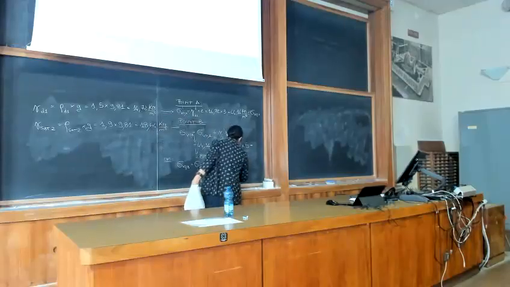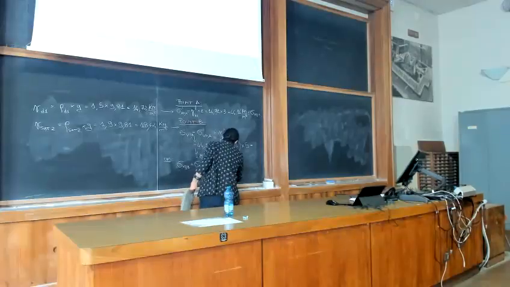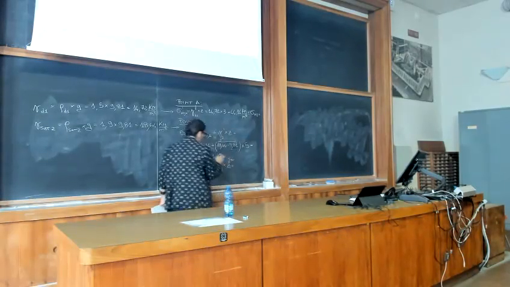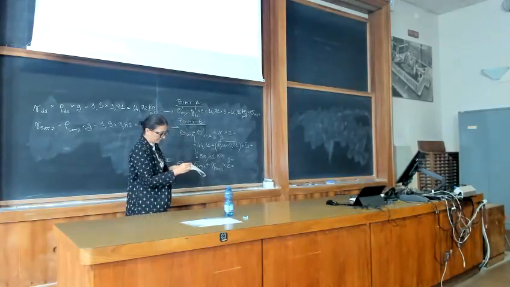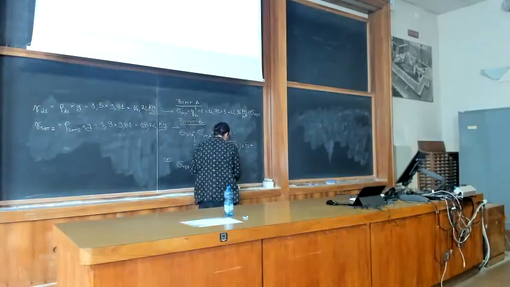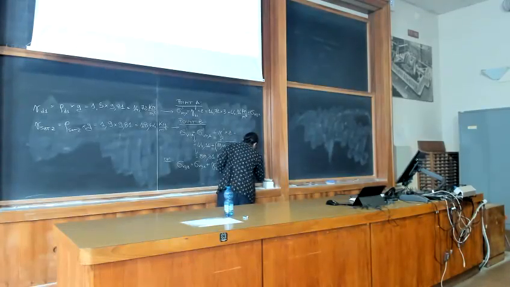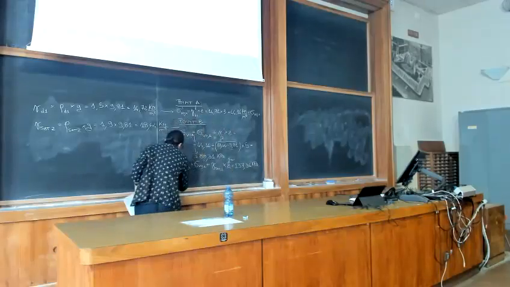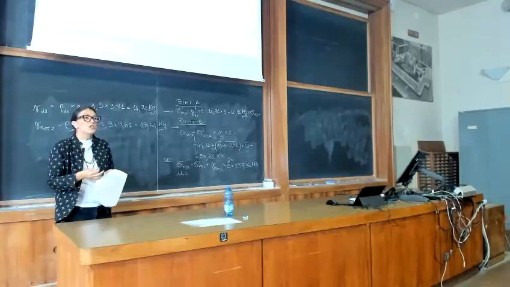Okay, so in this case, using the data that we have and considering that you have to add 5 meters, you could obtain the total vertical stress, 137.36 kPa. Then you need the pore pressure.